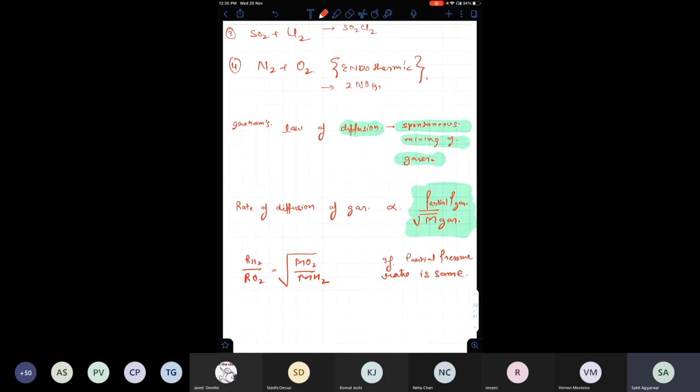Now rate can be written in different forms. Rate can be distance traveled by gas divided by time taken.